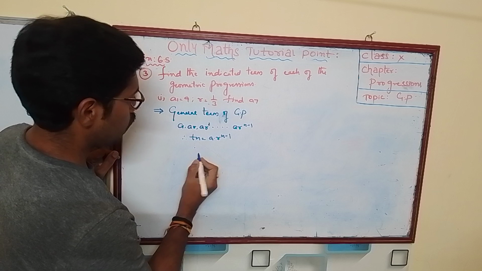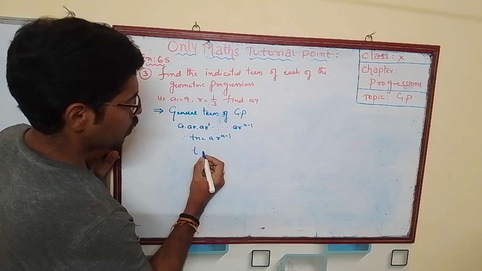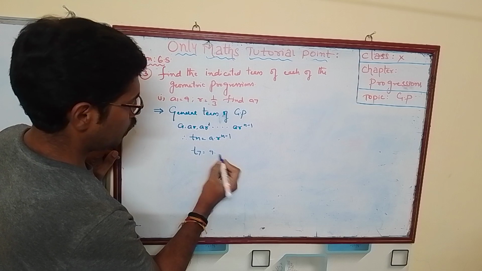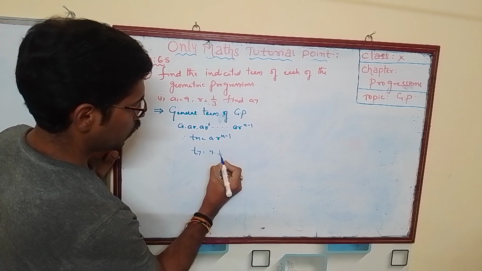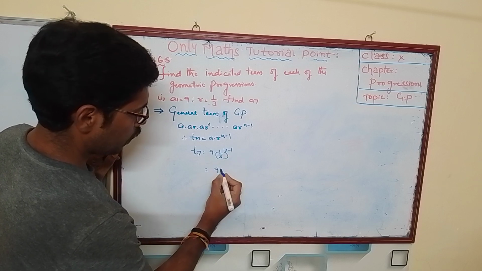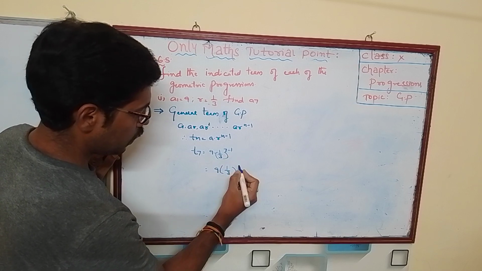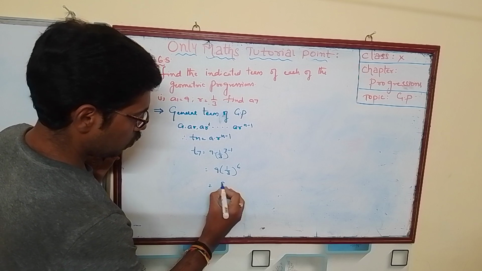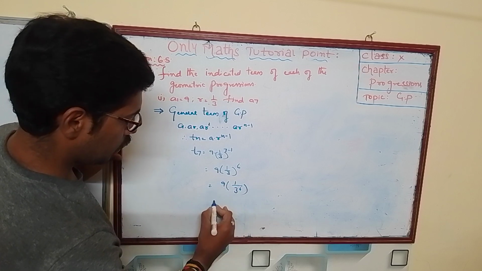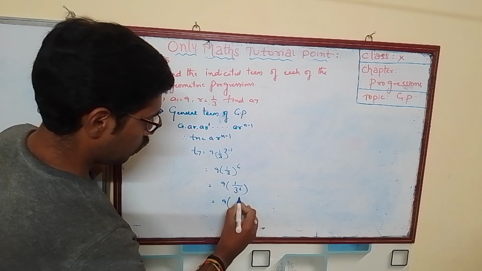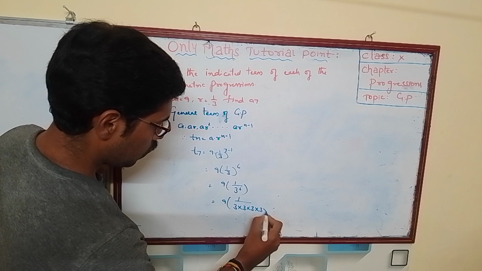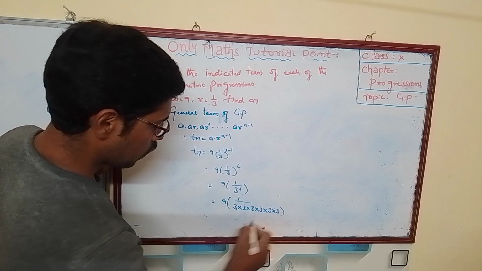So how to find T7, guys? a is given as 9, r is given as 1 by 3, and n value is 7 minus 1. Simplify. 9 into 1 by 3 whole power 6. So 9 into 1 by 3 power 6 equals 9 into 1 by 3 into 3 into 3 into 3 into 3 into 3.